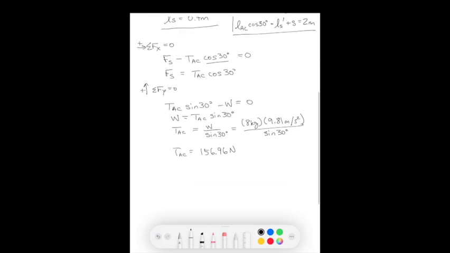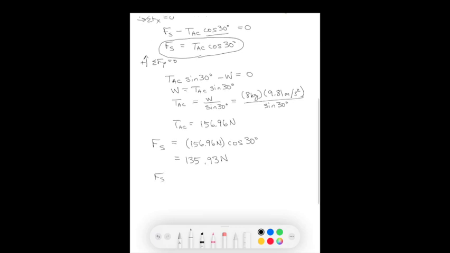Now, we know that we can go up to this equation up here and put that information in and find the force of the spring. 156.96 newtons times cosine of 30. So we see that the force of the spring is 135.93 newtons. Well, we know that in a spring, the force of the spring is proportional to how far it's stretched.